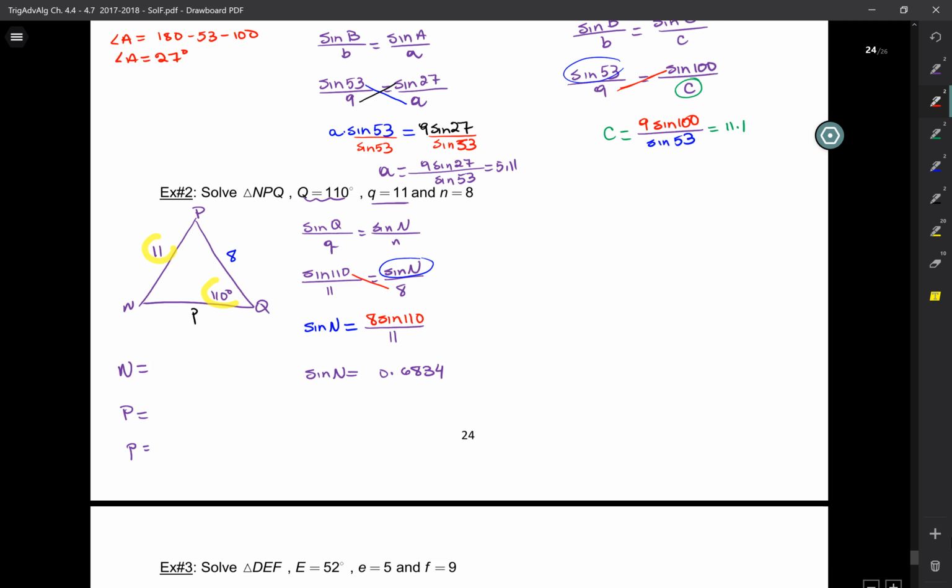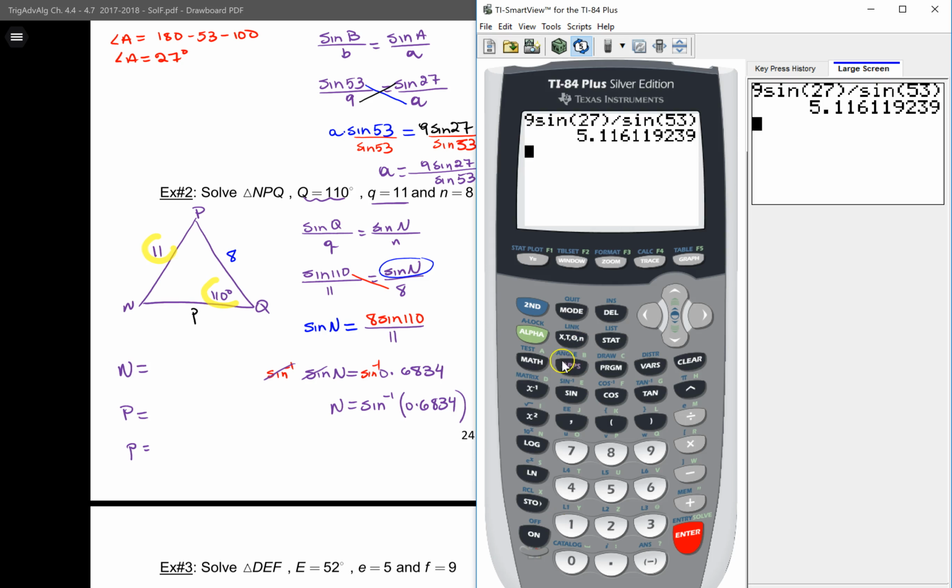Well, how do I solve for N? Okay, well, I'm going to take the inverse sine of both sides. That gets rid of the sine. So now, these go away, and N is inverse sine of 0.6834. Okay, so let's plug that into our calculator now. Well, inverse sine is going to be second sine, and then you put in the number. 0.6834, enter.